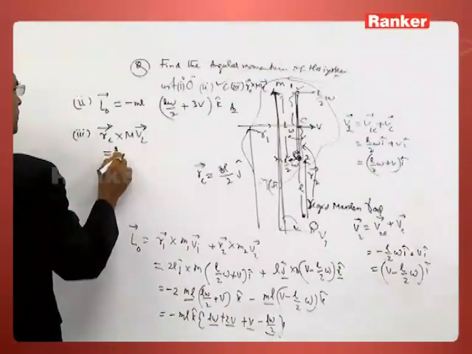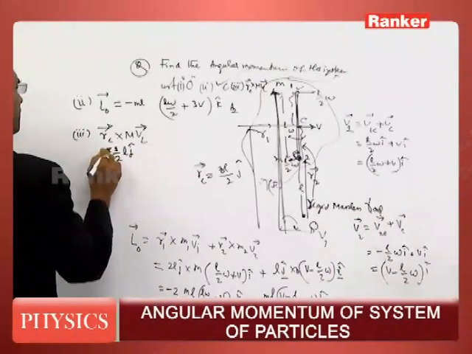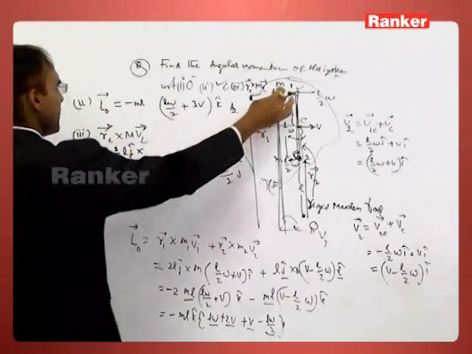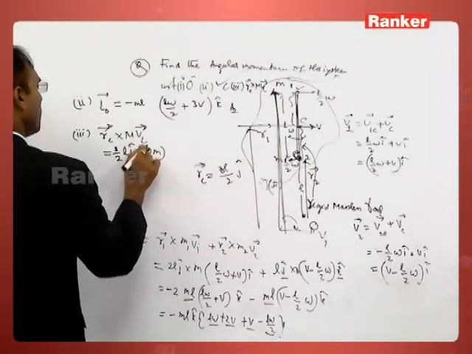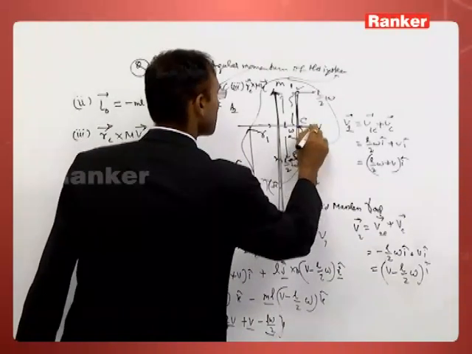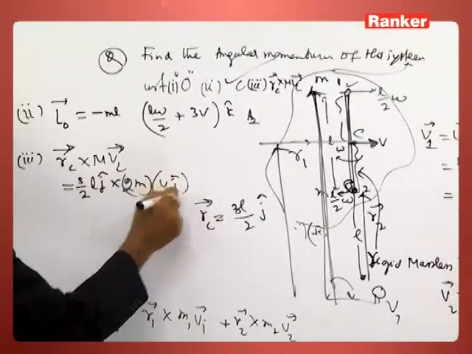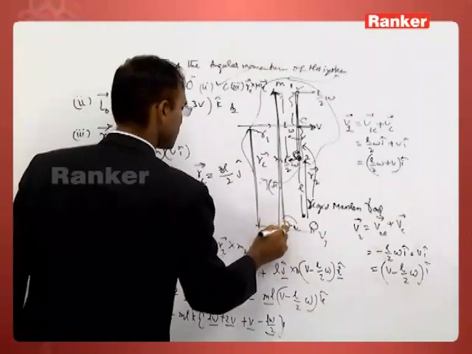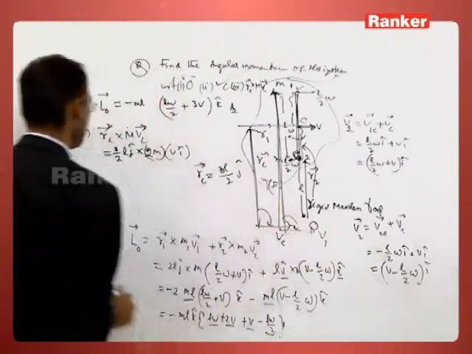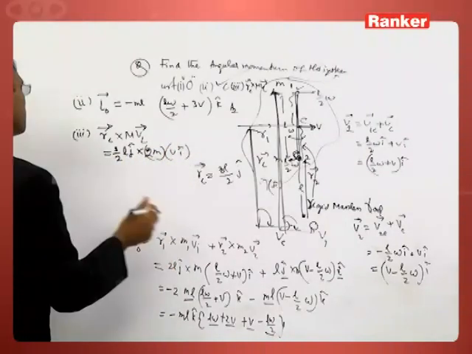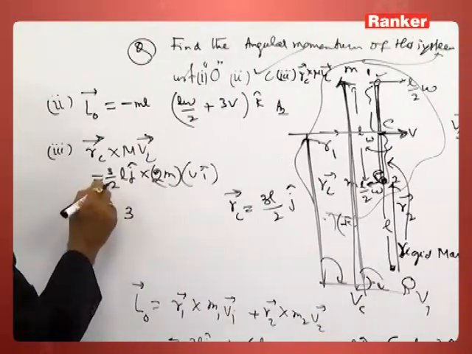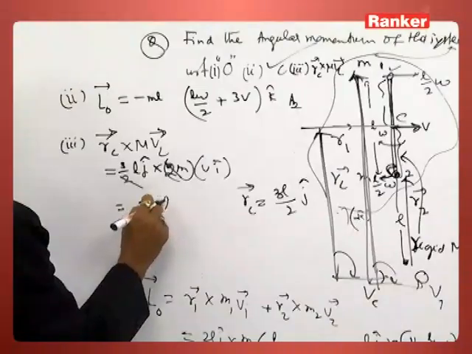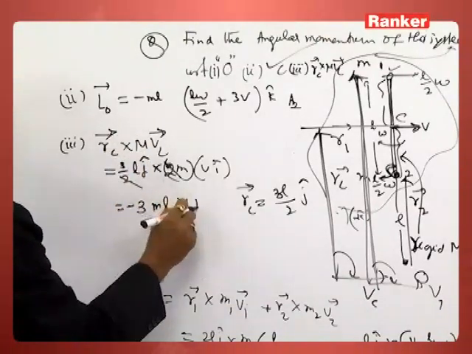Cross total mass of the system, M plus M, 2M, and center of mass velocity is given as V i cap. RC cross VC, J cap cross I cap is minus K cap, same thing. 2 will get cancelled, 3 M L V minus K cap.